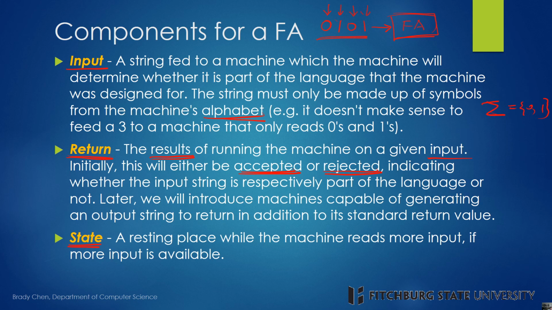Based on the current input symbol and the current state, it will select the next state. So the state is a resting place while the machine reads more input. Now, if more input is not available, so it just reads one input and that's the last input, it's the last symbol in the input.